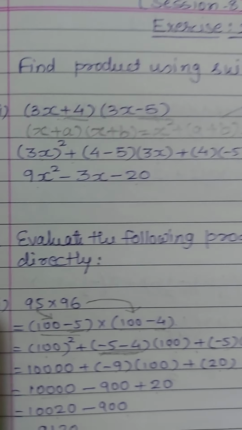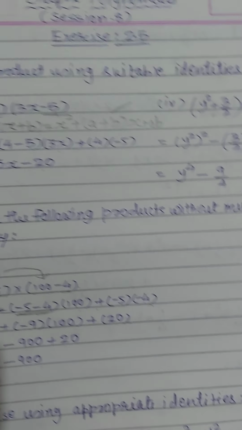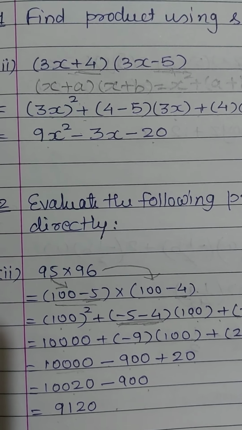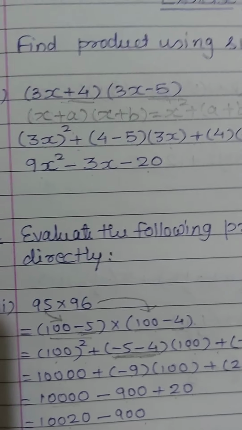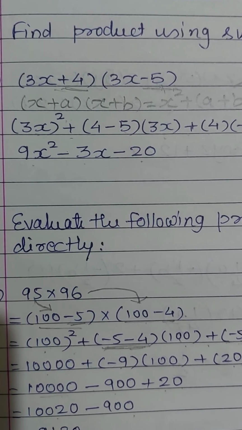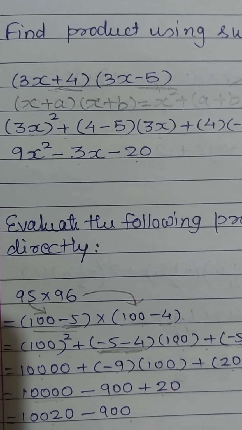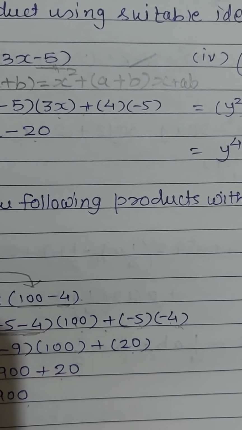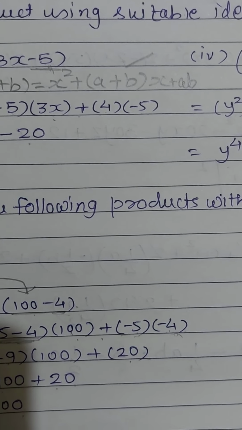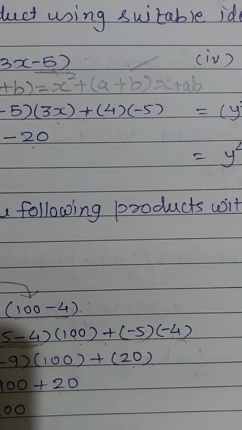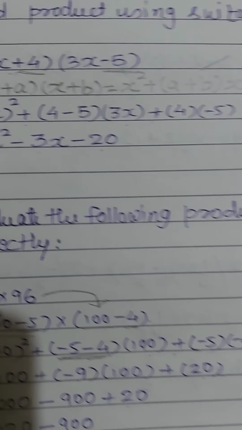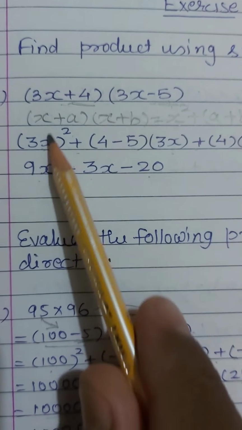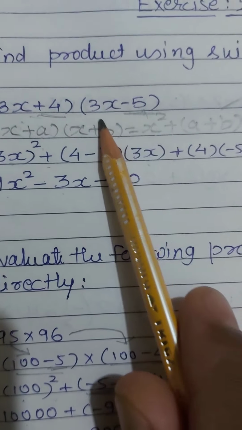This question is find product using suitable identities. First question is (3x + 4)(3x − 5). Which identity are we going to utilize here? Yes, (x + a)(x + b) = x² + (a + b)x + ab, right? Okay, so let us start. Here also 3x + 4, 3x − 5.